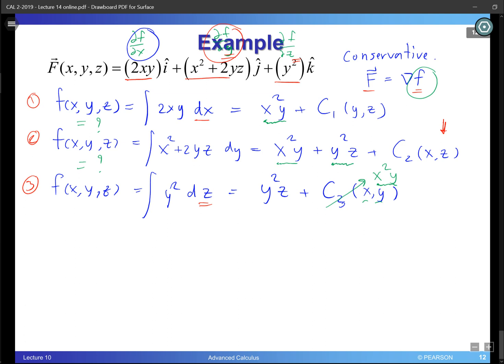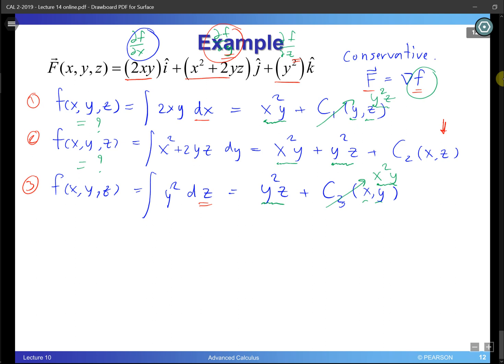Y squared z is not in number 1 in the first place, so the only location that it can appear is in the constant. If you look at the constant, you can see that constant is allowed to have y and z, so that's good. We can put y squared z right here. Now it has the common terms with number 1, and you can see number 3 right here has this common term.